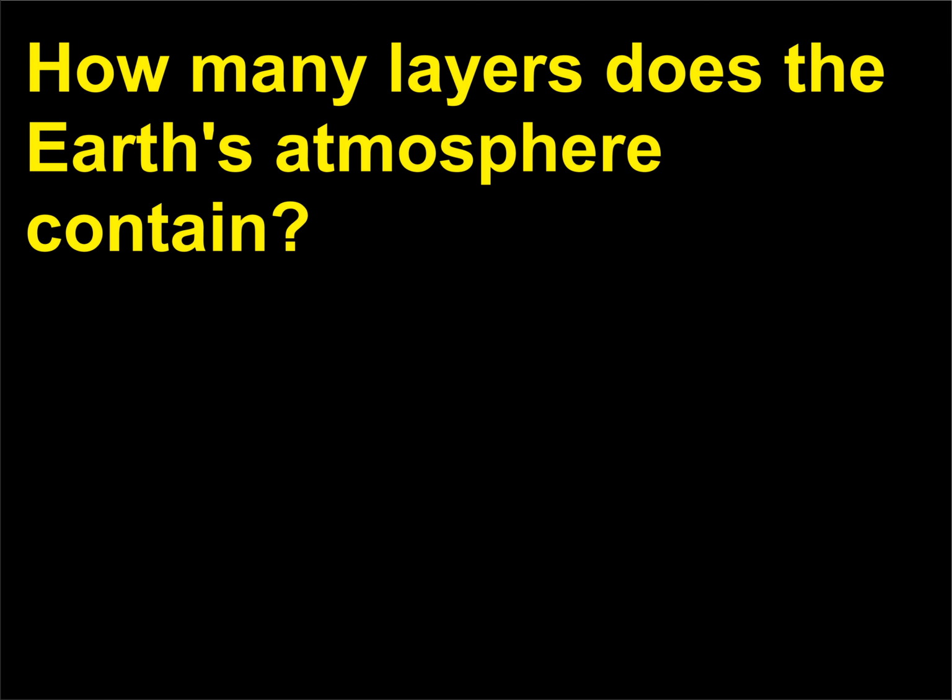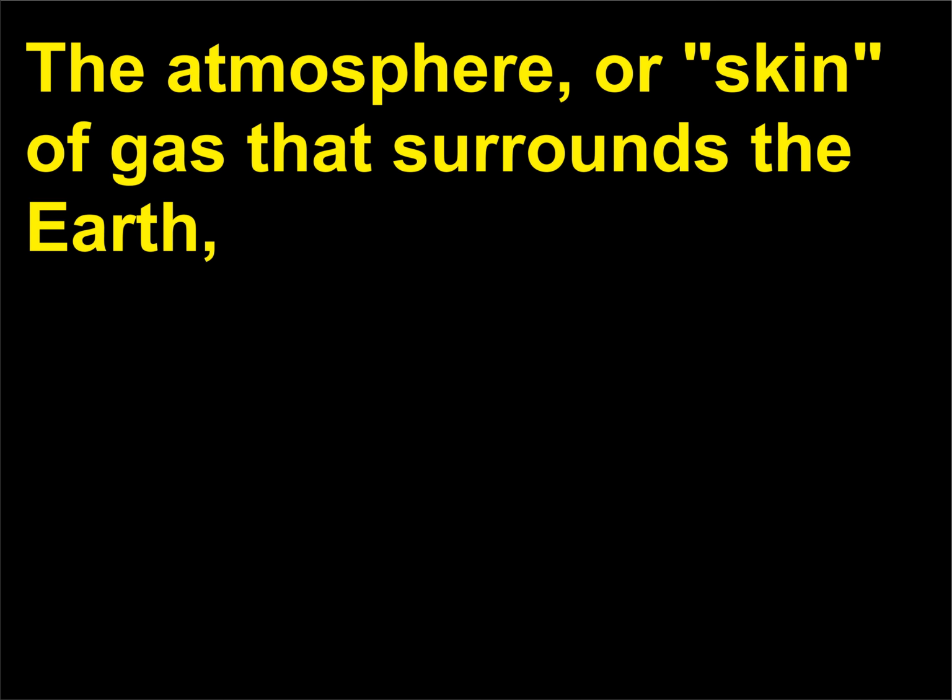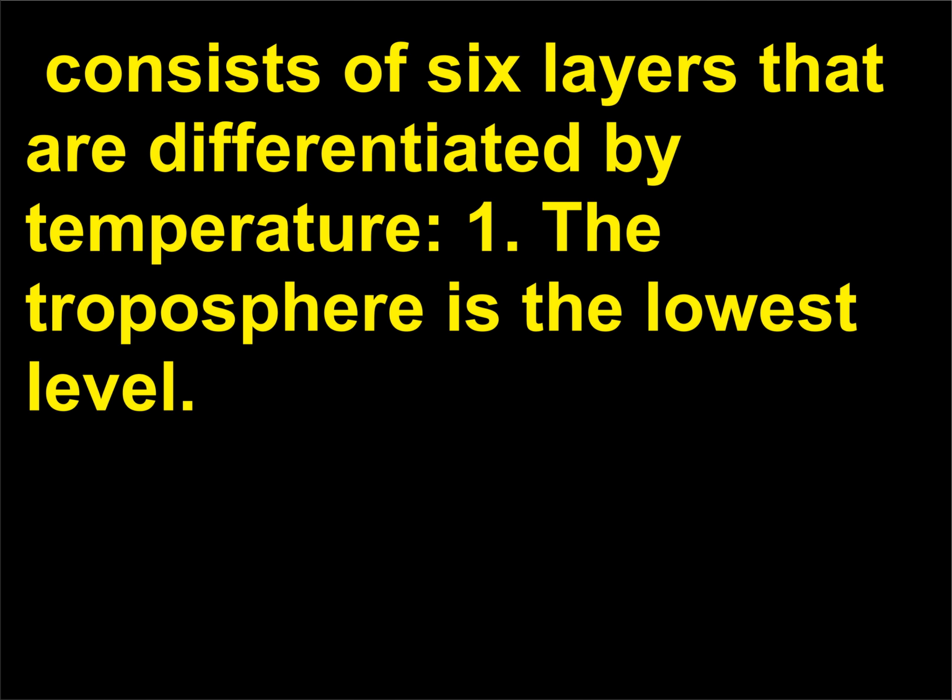How many layers does the Earth's atmosphere contain? The atmosphere, or skin of gas that surrounds the Earth, consists of 6 layers that are differentiated by temperature. 1. The troposphere is the lowest level.